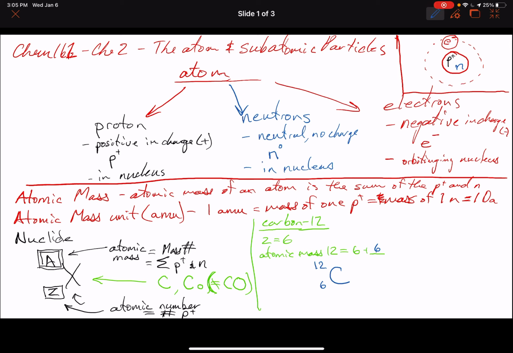Because we are talking about a neutral carbon-12, there's no need to put additional information as a superscript to the right, which is where we would indicate any imbalance between the number of electrons and protons in the atom.